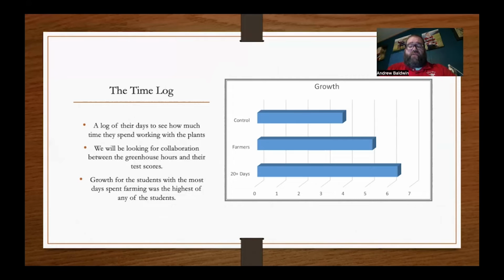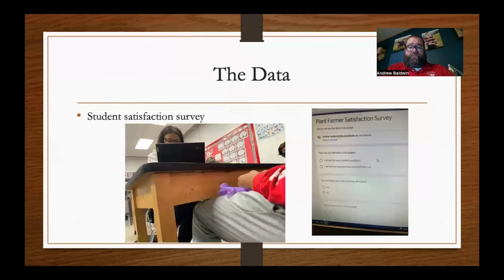They actually grew almost 3% higher than the control group. So just a regular farmer, kids that went out and worked some, grew about 2%. The kids with the highest total, they grew almost 3%.